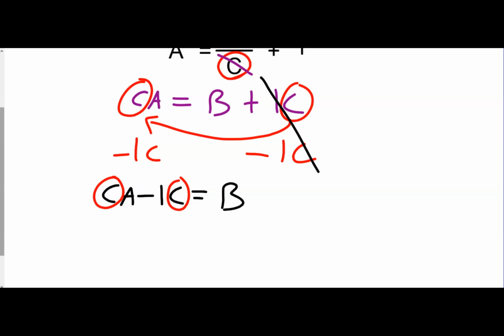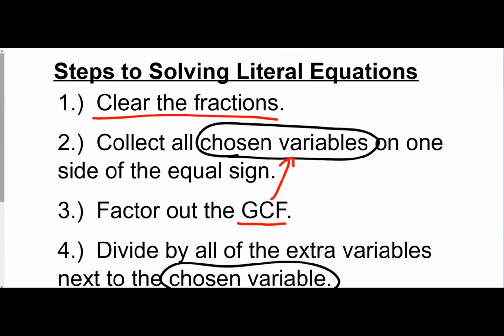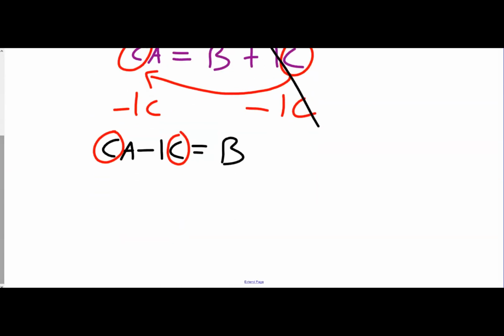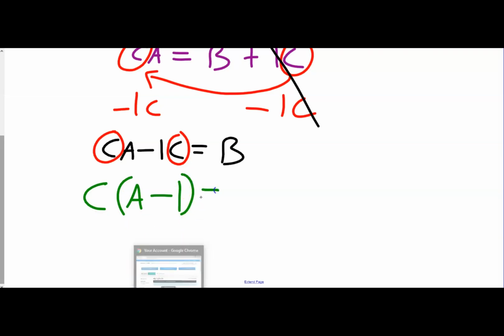I already told you that your GCF was going to be that chosen variable. So what is the GCF I need to pull out? C. What does that leave me with? A minus 1 equal to B.